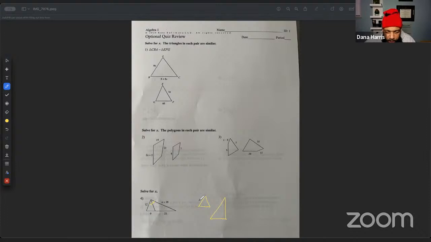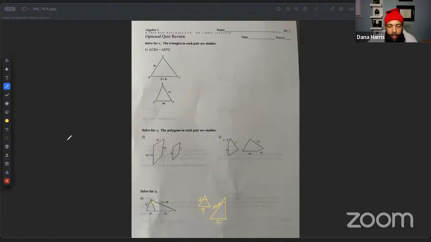Now I have the 12, I have the 9 because the congruent angle is there, and then the x plus 18 over here, and the 21 on the bottom.